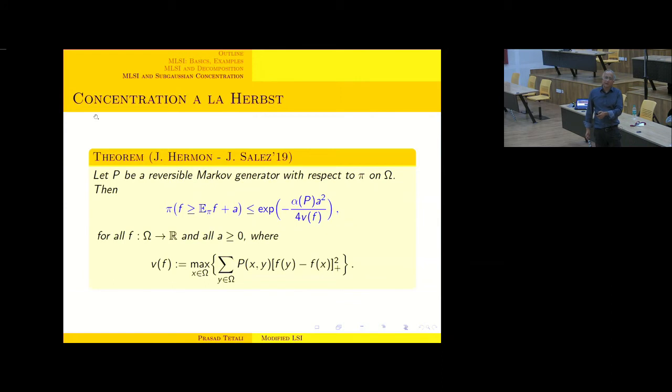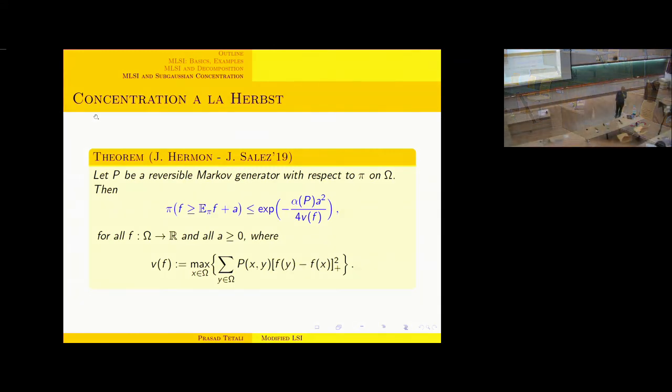It's sub-Gaussian because alpha is not the optimal constant as in Gaussian. Again, this is a general statement. Once you identify, you can cook up P, and if you control this and manage to bound alpha of P, then you have the result. So P has to be reversible with respect to pi. No questions? Everything good? Okay, thanks.